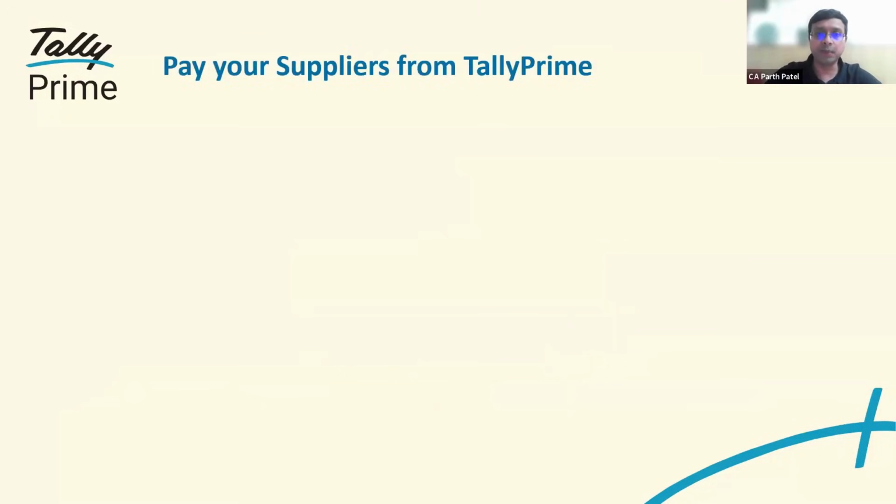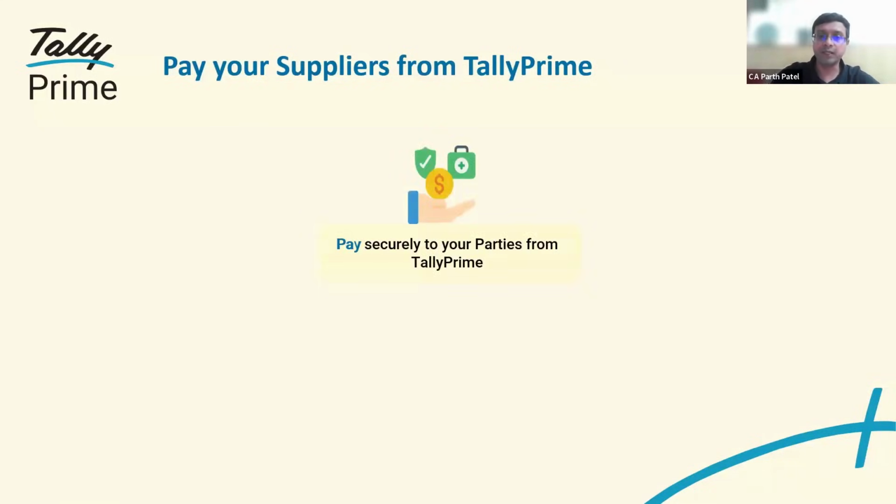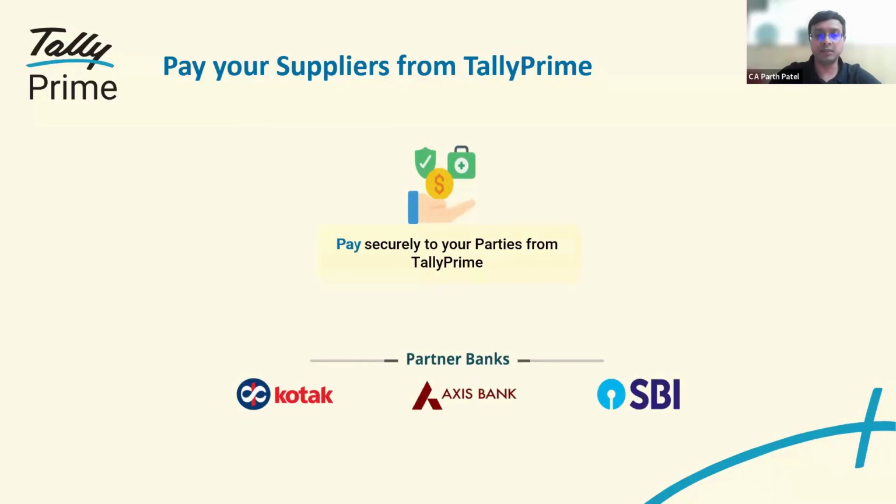Now coming to the third part: paying our suppliers or parties from TallyPrime. Yes, from the latest version of TallyPrime, that is the next version coming up, 7.0 from next month, you'll be able to pay your parties from the TallyPrime application itself.